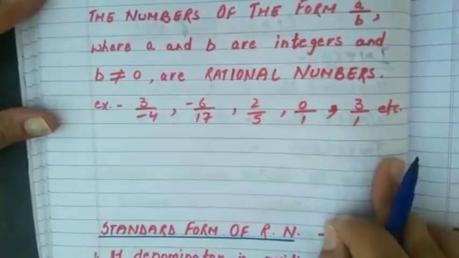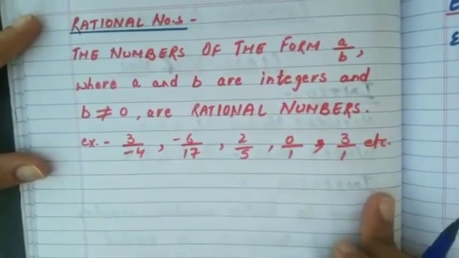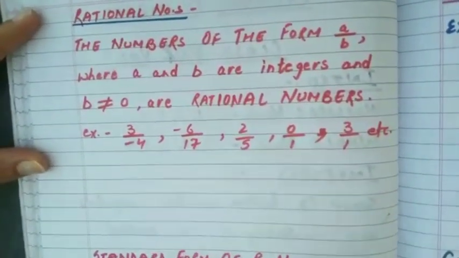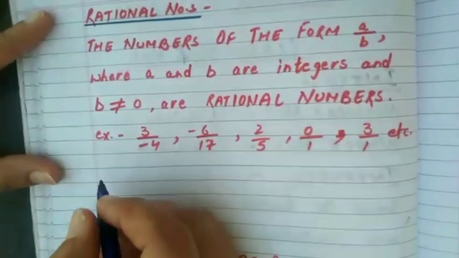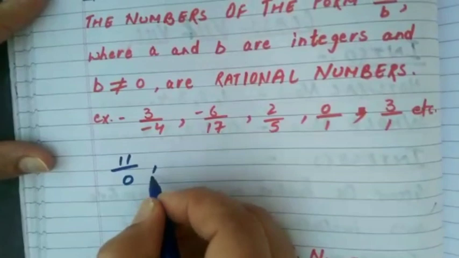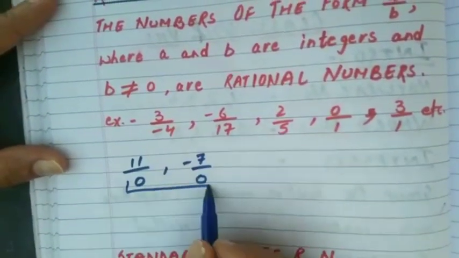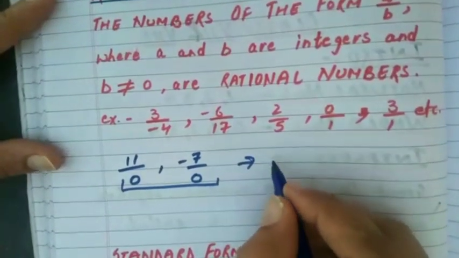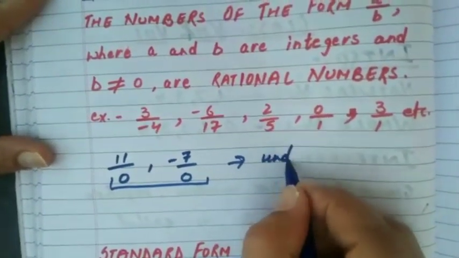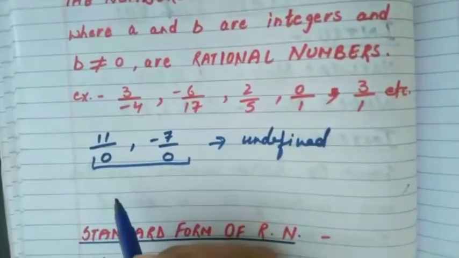I have written a few examples for your reference. There can be many examples you can write yourself, but one thing I want to say: if you write 11 upon 0 or 7 upon 0, these numbers are undefined. Why is it not defined?